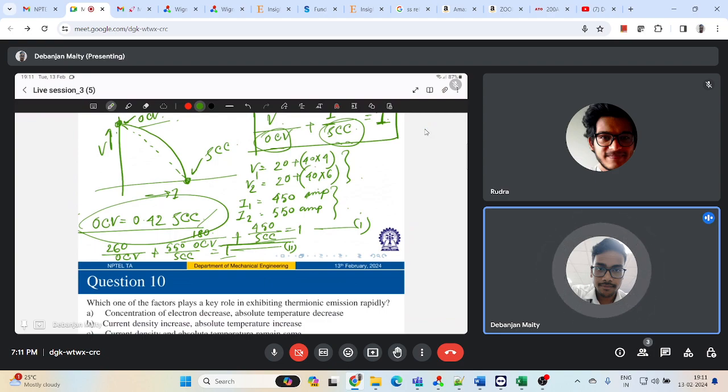In terms of dynamic characteristics, this is the rapid transient variation of your output current and voltage. If there is any arc starting or arc reignition situation, you will go for some dynamic characteristics of the power source.